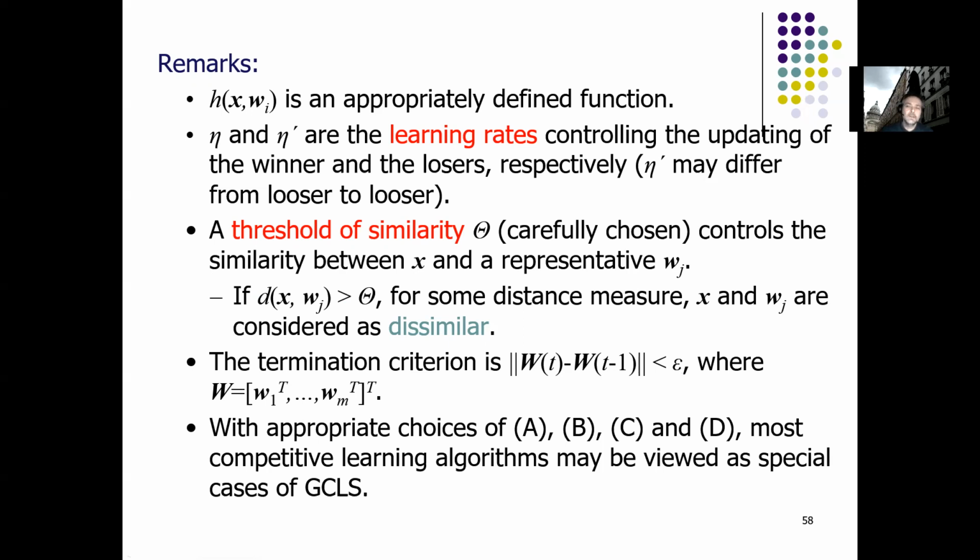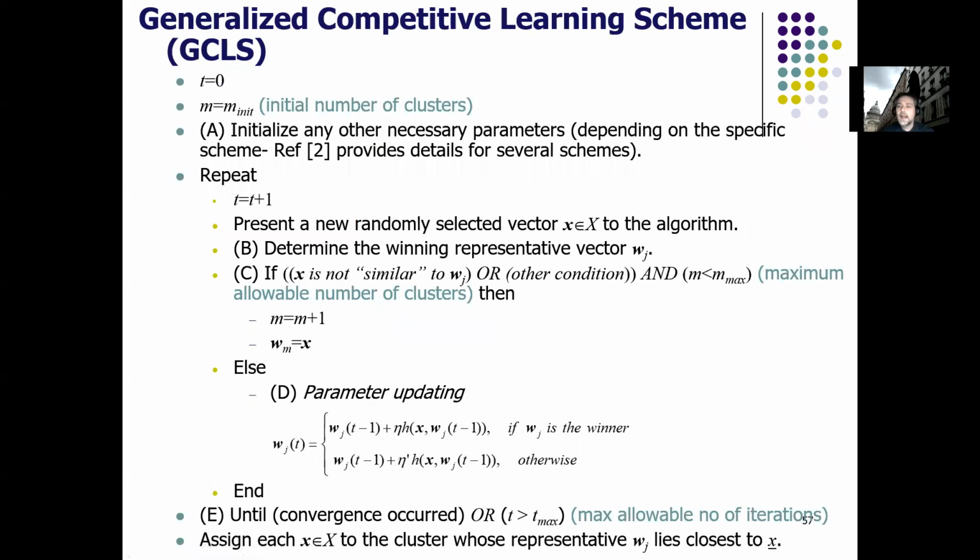And if the changes in the weights are very small, then we use it as a termination condition. We stop the updates of the algorithm. So depending on the different choices we make for steps A, B, C, D in the previous algorithm, we can derive different kinds of unsupervised learning algorithms. Most of the algorithms that have been proposed in the literature fall under this kind of scheme.